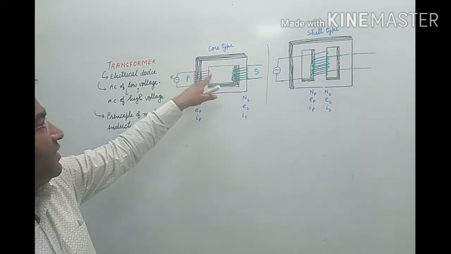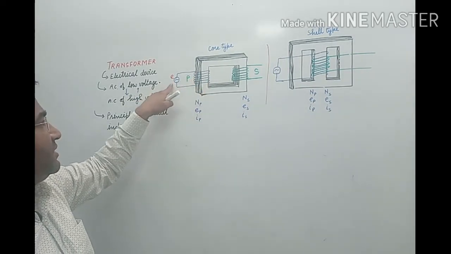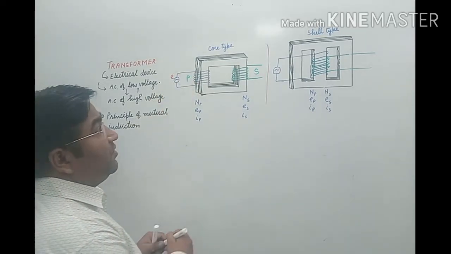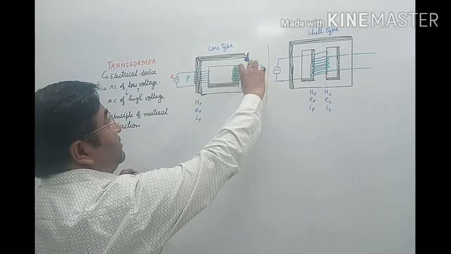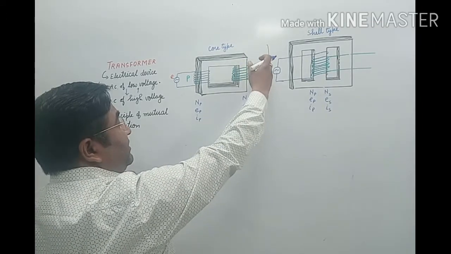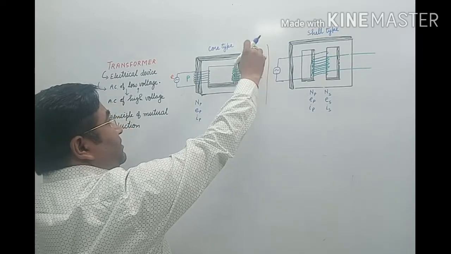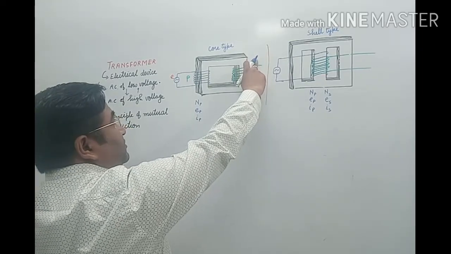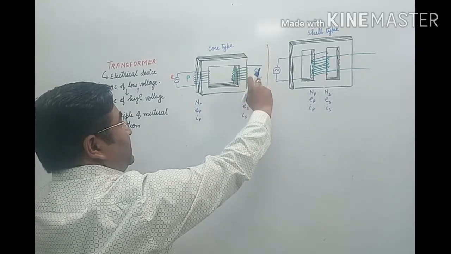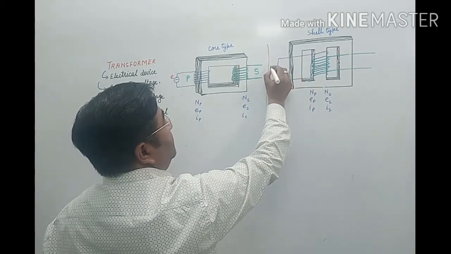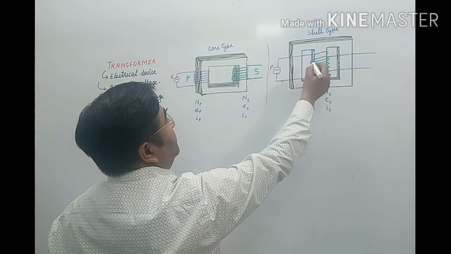Therefore the coil attached to the alternating voltage source, means energy source, is known as the primary coil. Whereas the other end, through which we drain the current or voltage, the output end, is known as the secondary coil.